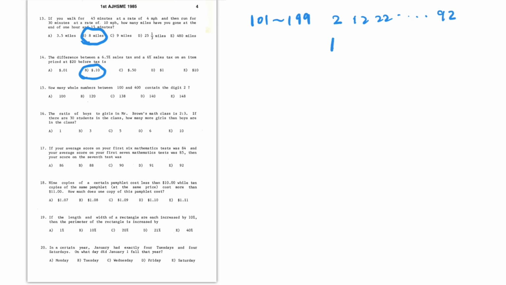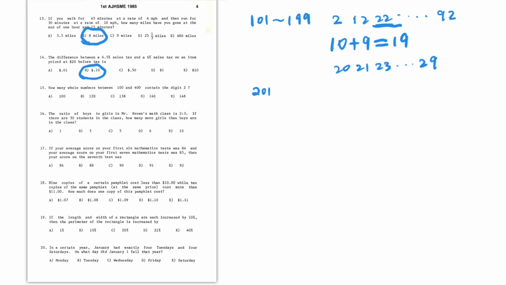That's 10 numbers. And also, the 20s all contain the 2. That's 20, 21, 22. We already counted 22, and 23 till 29. That's 10 numbers minus 1 gives us 9. So the 9 in the 20s, total 19.